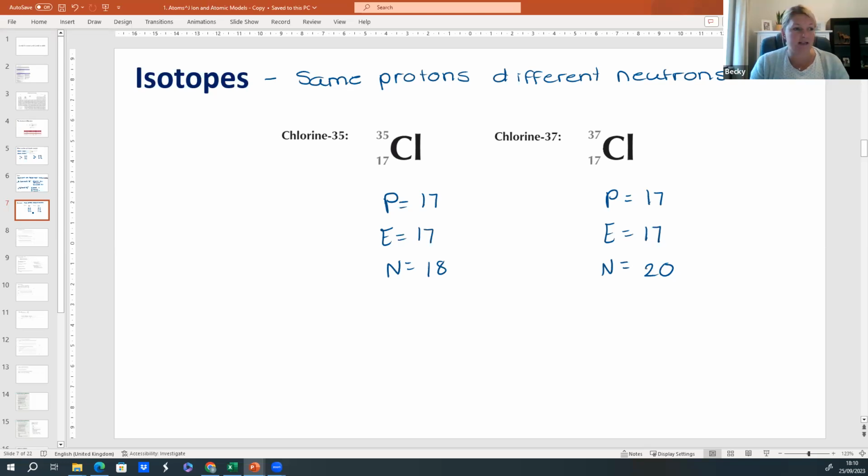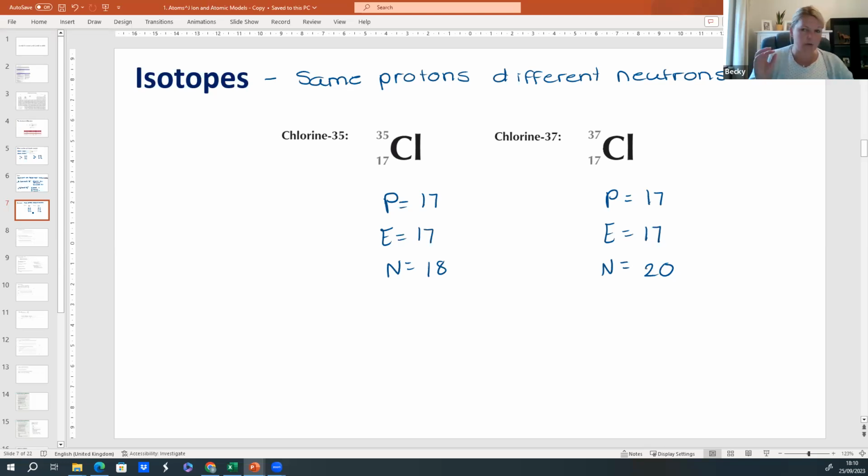They would react exactly the same because they've got the same electrons, and it's that electron structure that denotes its reactivity. The only difference would be that it would have a different mass. If you had 2 samples and you put them on 2 scales, you get that slightly different mass, and that is the only thing that it does affect.